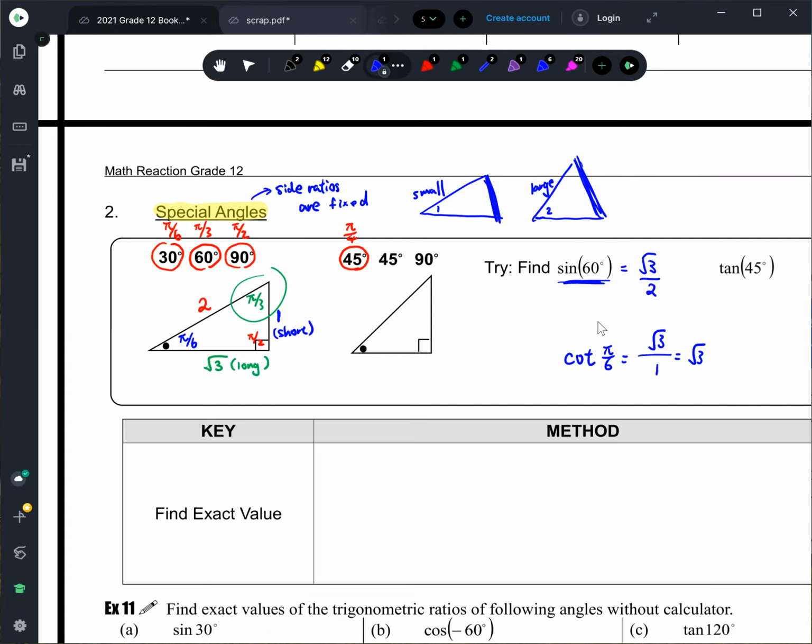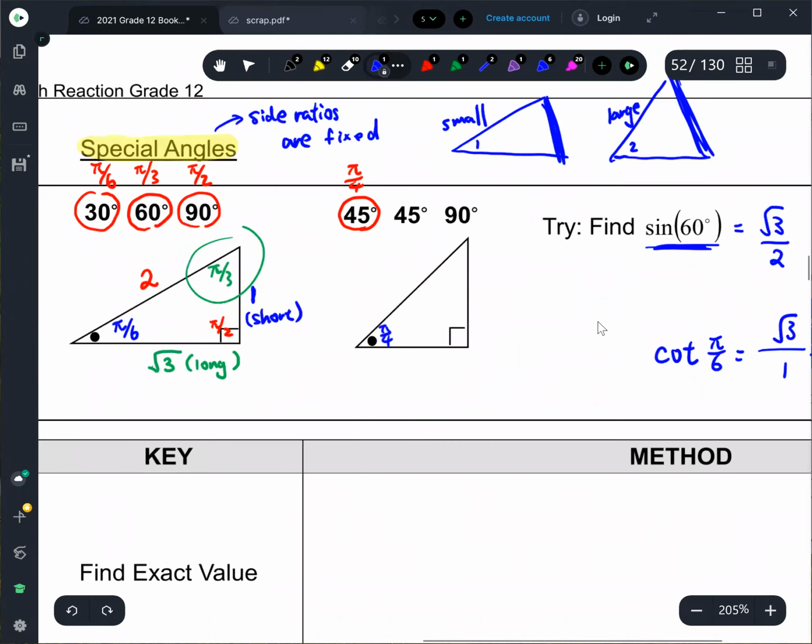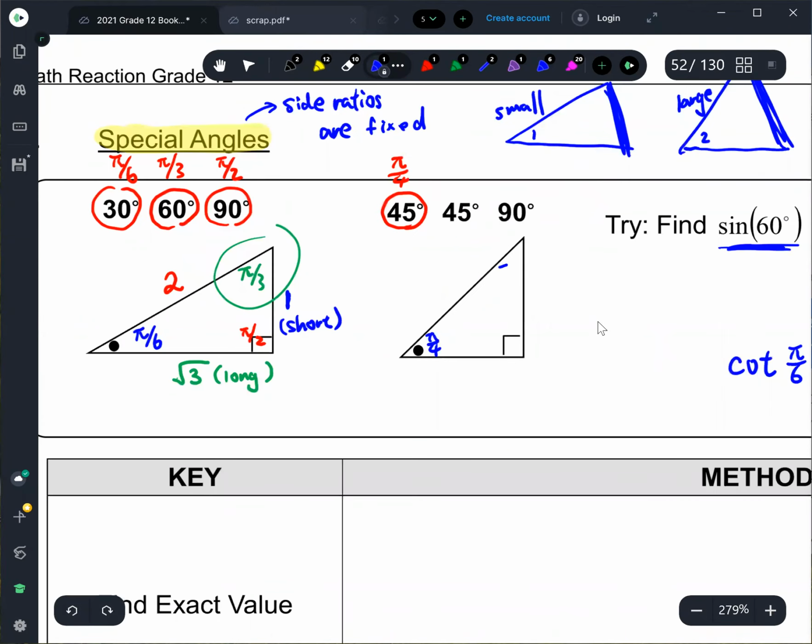So similar for pi over 4. Pi over 4 will be this one. For pi over 4, it's an isosceles triangle, right? So if it's an isosceles triangle, then the two sides should be the same. So the ratio will be 1 to 1.